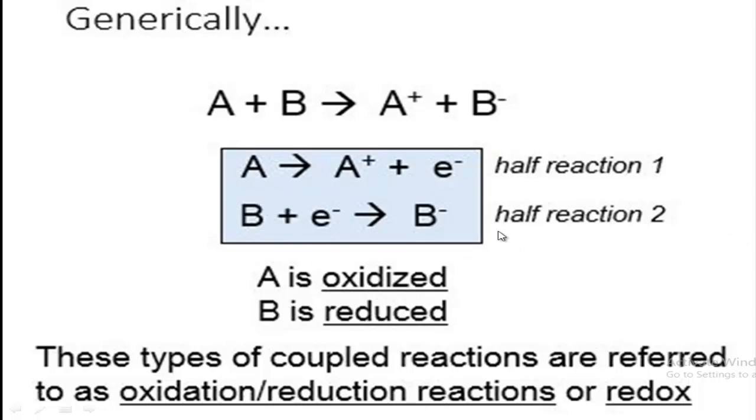In a redox reaction, the part in which oxidation occurs is called the oxidation half reaction, and the part in which reduction occurs is called the reduction half reaction. Together, the oxidation half reaction and reduction half reaction make up the redox reaction.